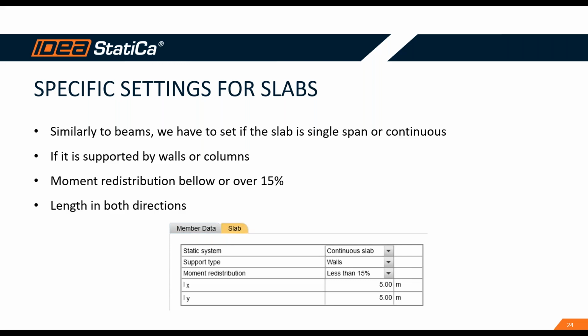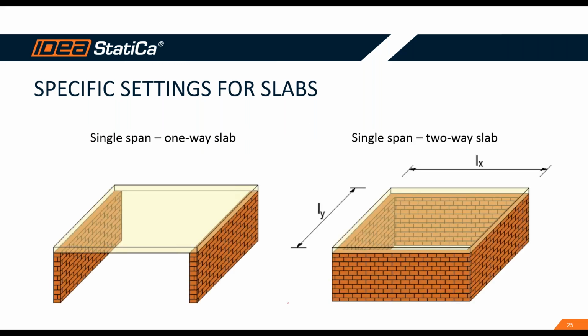The engineer also has to decide if they consider a moment redistribution below or over 15%. This has to be set manually in the application. And we also have to input the length of the slab in both directions.